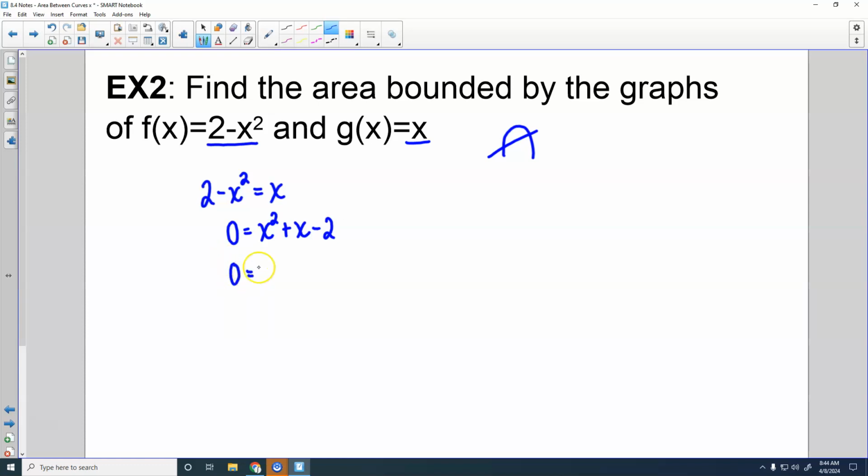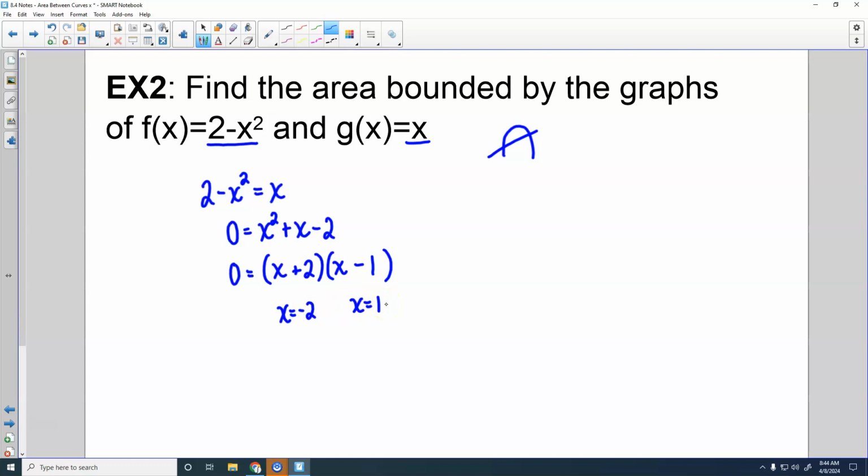And on the calculator inactive problem, you will have something that will probably factor. So here we'd have x plus 2 and x minus 1. And so that would give us x equals negative 2 and x equals positive 1.